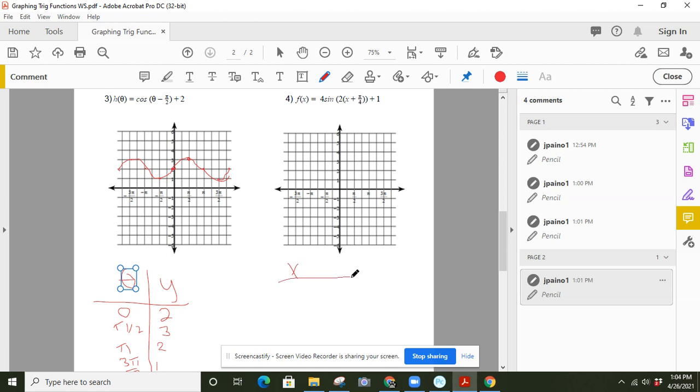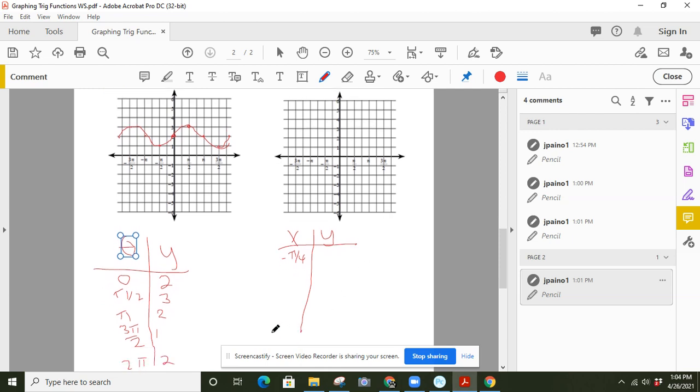All right, so if I make my table of values, if I plug in negative pi fourths, and again, my period is pi, so that's going to go all the way up to 3 pi fourths. So negative pi fourths to 3 pi fourths is my cycle.